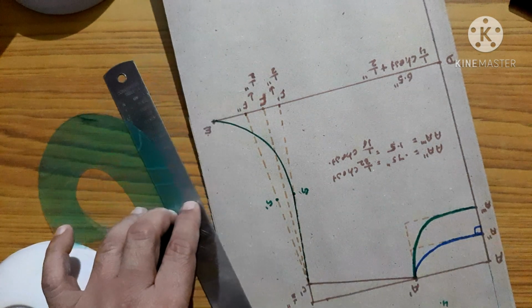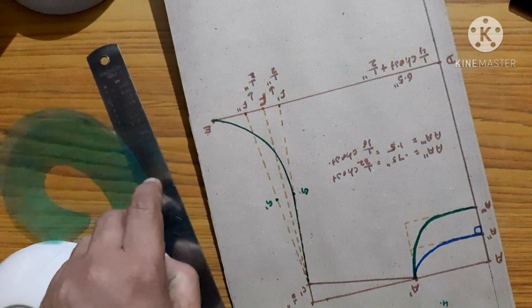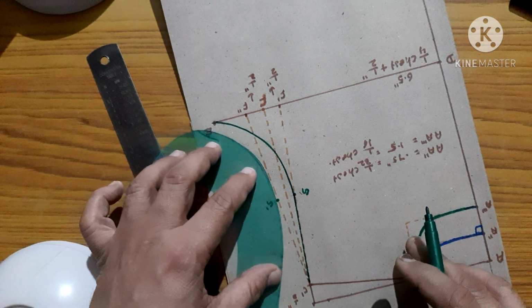See, this is the front armhole. And for the back armhole, again we'll do the same thing.